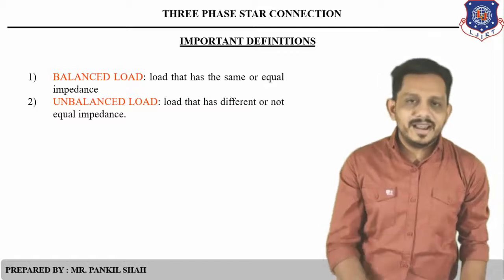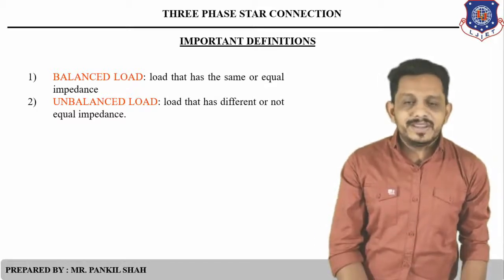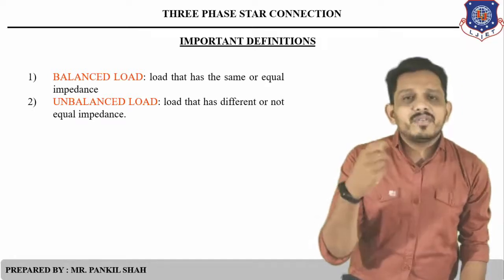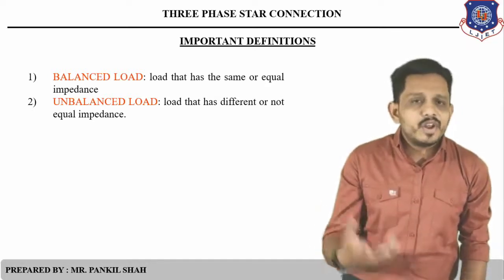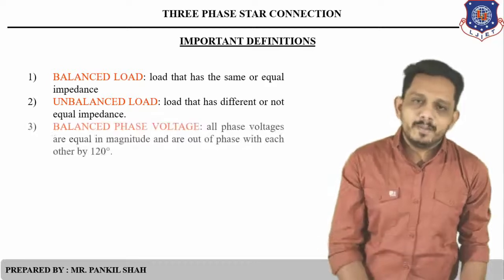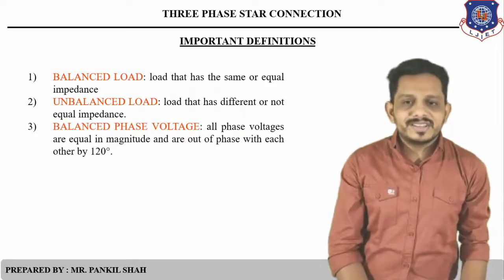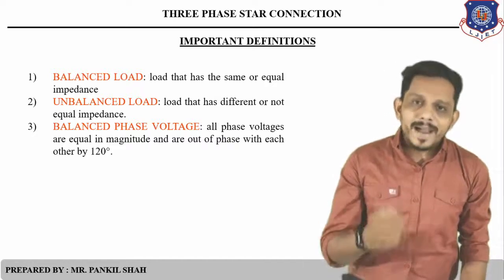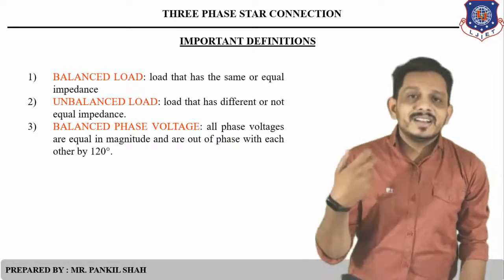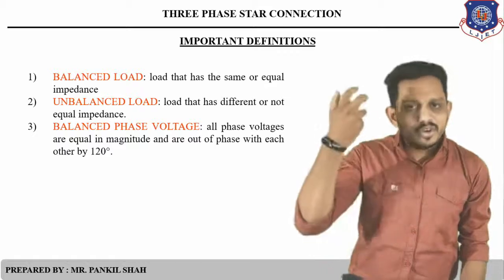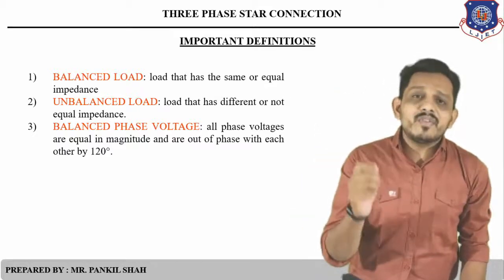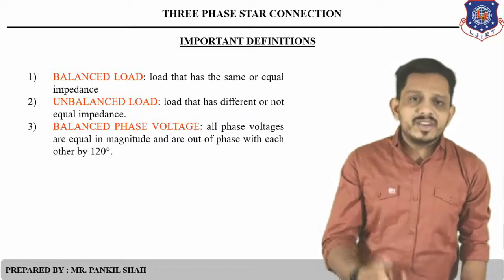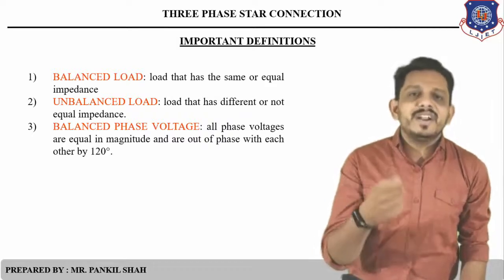Next is the unbalanced load. An unbalanced load means a load that has different impedances, so the phases do not have equal magnitude of impedance. The third definition is the balanced phase voltage. As I have already told you, balanced phase voltage has equal magnitude in all three phases and equal phase difference between all three phases, and that equal phase difference is nothing but 120 degrees.